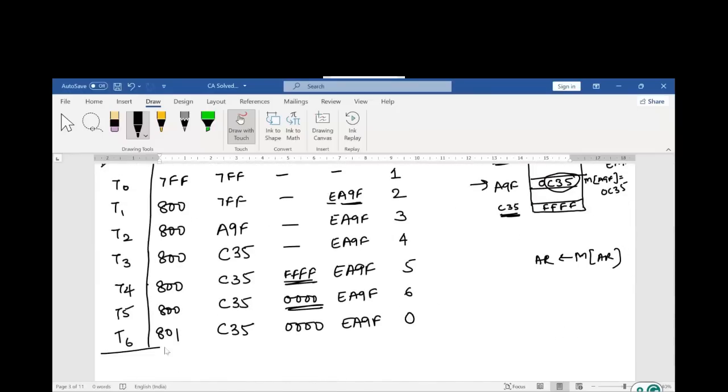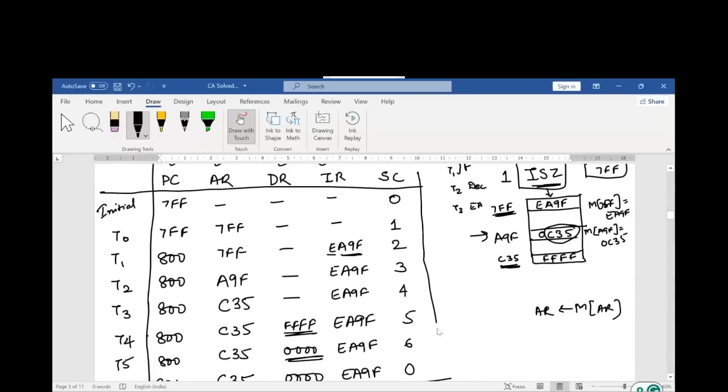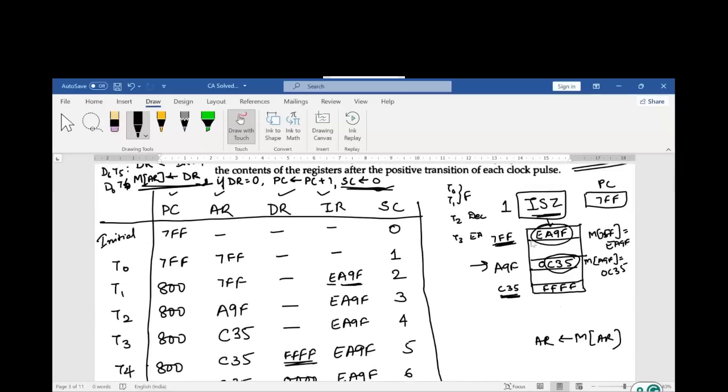So this is how this type of example can be solved. In this question, you were told the instruction to be executed. You may be given any instruction code. Here, from E you decoded that the instruction to be executed is ISZ. Any other instruction can be given to you.